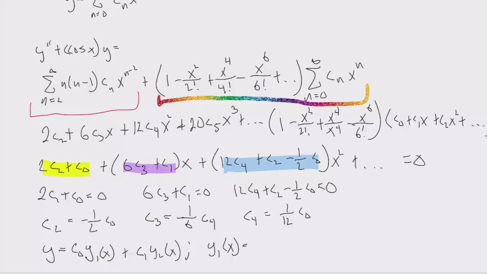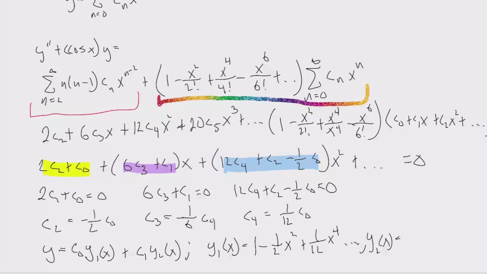If I go in and collect up each of those individual terms in my general expansion, I'd get something like 1 minus 1/2 x squared plus 1/12 x to the 4th dot dot dot, and I'd get y2 of x, going back and collecting up all of my c1 patterns.